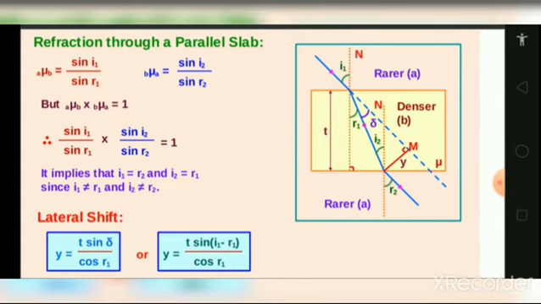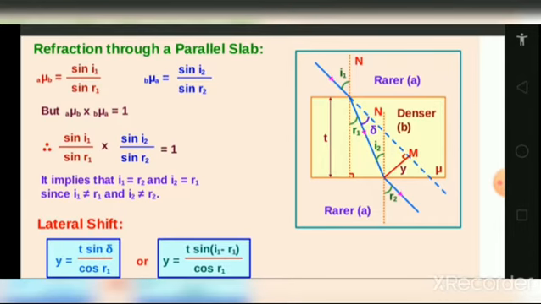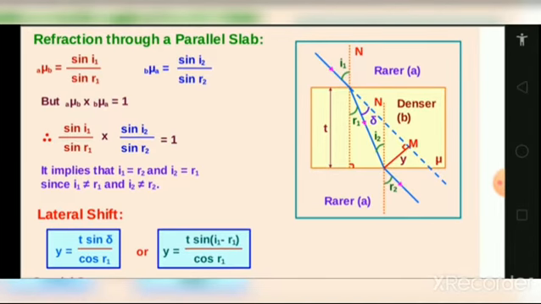It implies that your I2 is equal to your R1 and your I1 is equal to your R2, since I1 is not equal to R1 and I2 is not equal to R2. That is also a proof of a law.